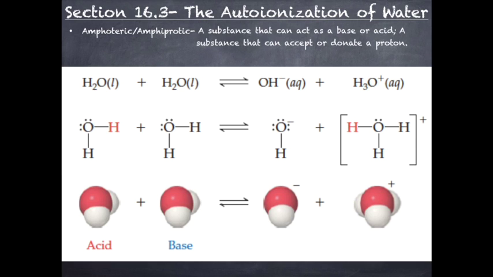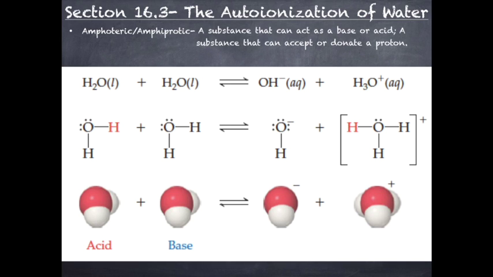So if you look, the water on the far left-hand side donates a proton to the water next to it, which serves as a base because it accepts the proton. And so what you produce as a result is a hydroxide ion and a hydronium ion. Now, water mostly exists as the molecule H2O and not as these ions.